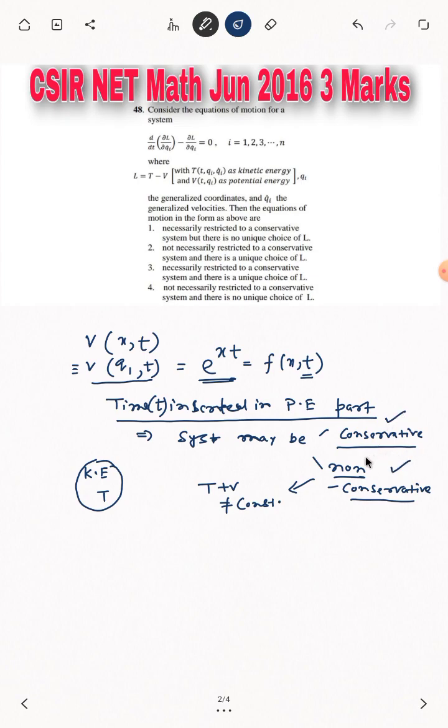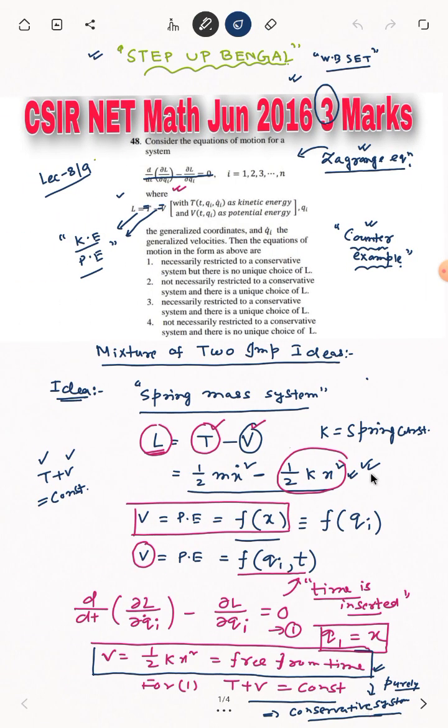So this is the main idea. To decide whether a system is conservative or non-conservative, just take a look at the portion V and see whether time is inserted or not. If time is inserted, then in general it may be conservative or non-conservative, and if time is not inserted, then it is always conservative, as in the case of the spring mass system. In the spring mass system, what do we have?